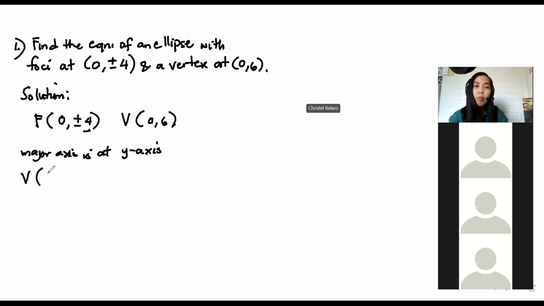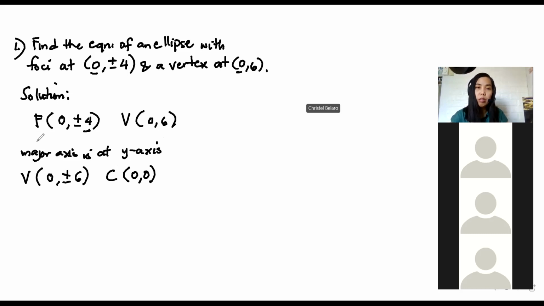So we have the vertices (0, ±6). And obviously, the center is at the origin, since the foci are (0, ±4) and the vertices are also on the y-axis.